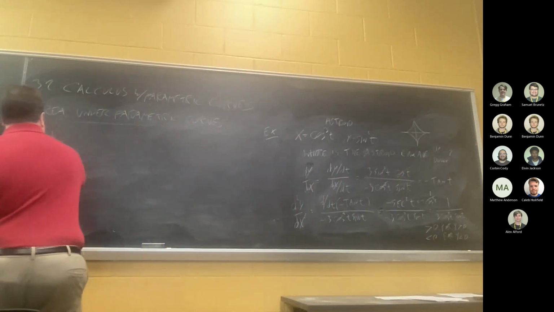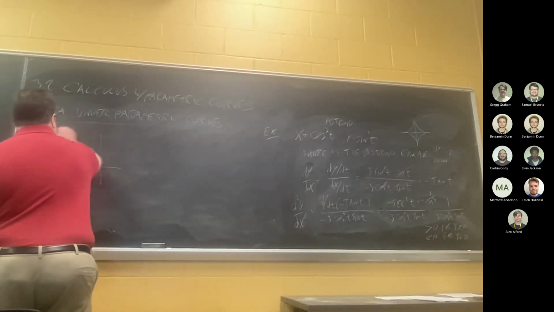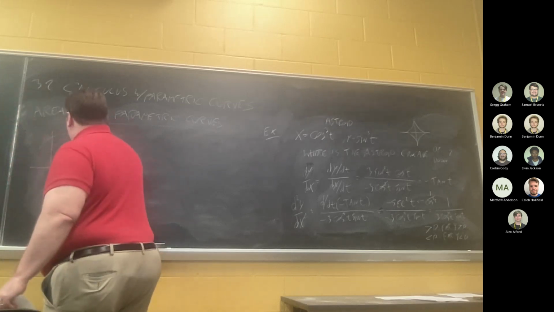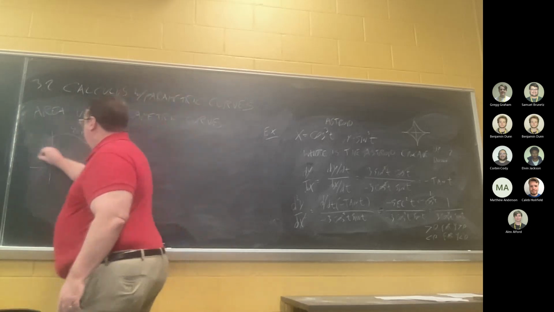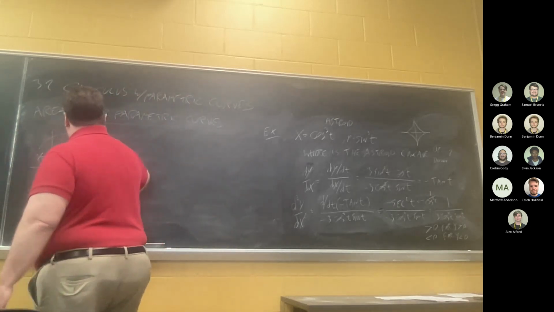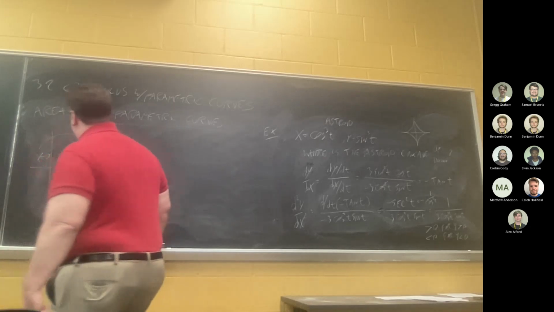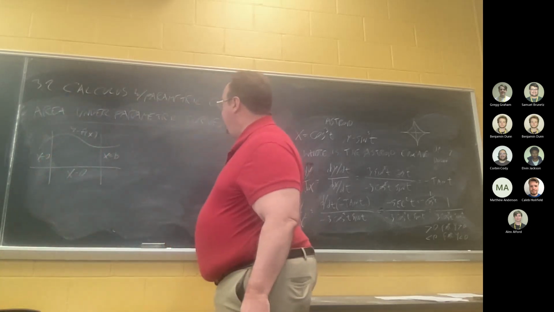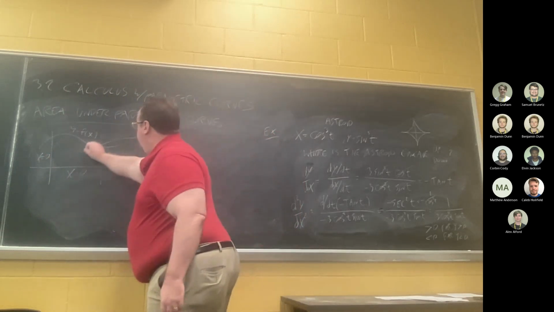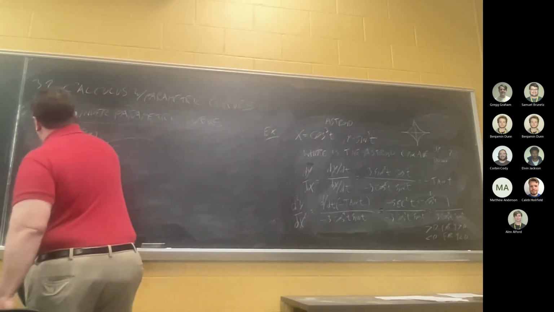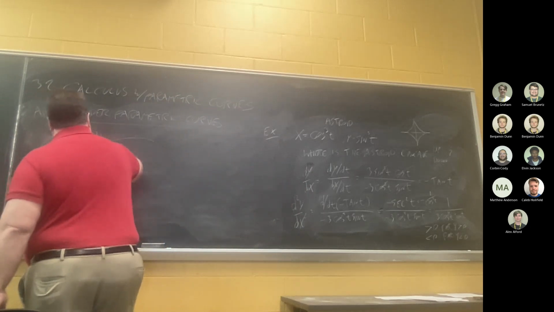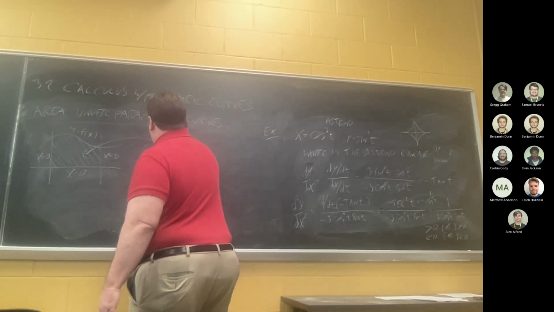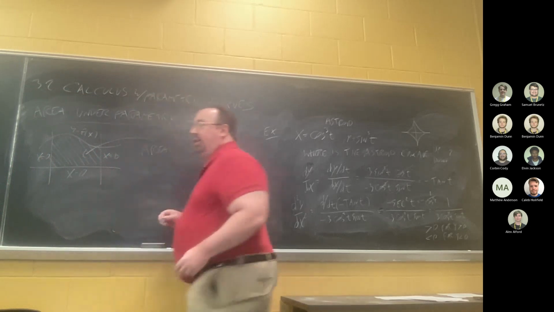Now, what you're familiar with is we have a region like this that is bounded below by the x-axis, bounded above by some curve y equals f of x. Then we have left boundary x equals a, right boundary x equals b. The area of this lightly shaded region is given by what?